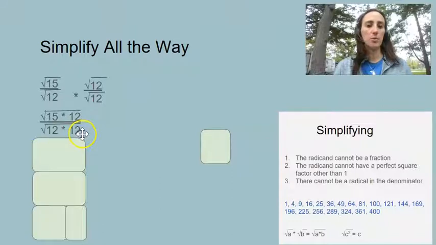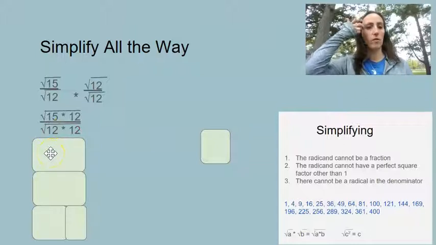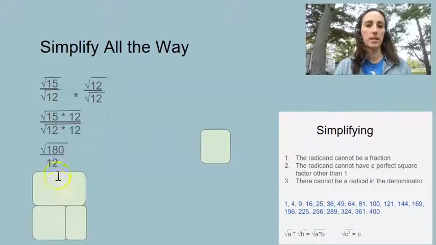On the top, I'm just going to multiply these two together. I get square root 15 times 12. So I can simplify the bottom by turning this into square root of 144, and on the top, 15 times 12 gives me the square root of 180.